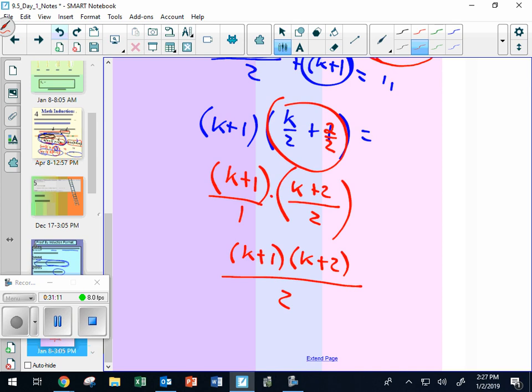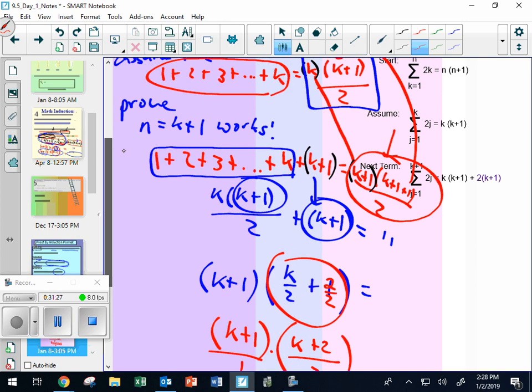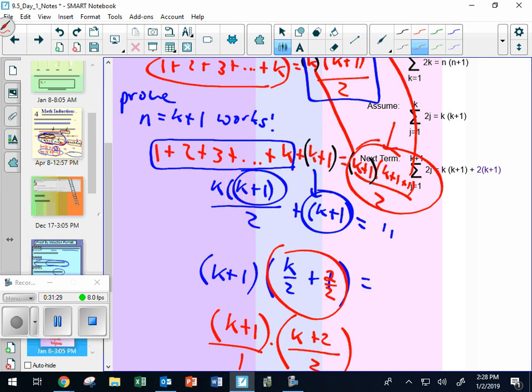Would you agree that 2 could be replaced with a 1 plus 1? And that is identical to what we had right here. And that's the 12-minute warning.